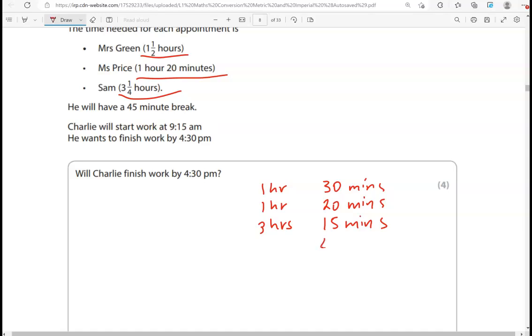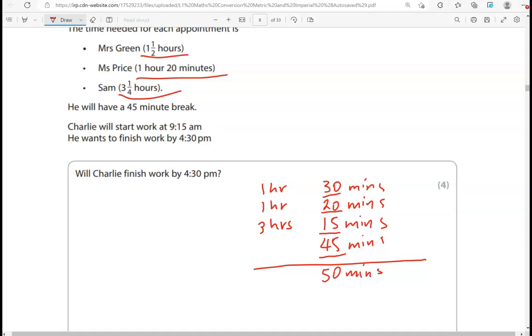Then 45 minutes as well. 45 minutes and 15 minutes, that is 1 hour. And 30 minutes and 20, that is 50 minutes.